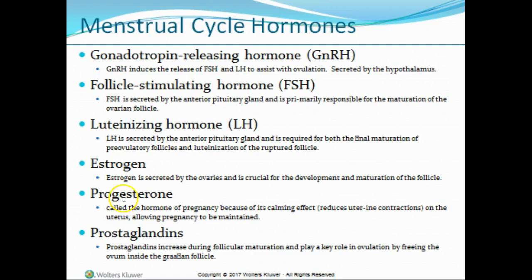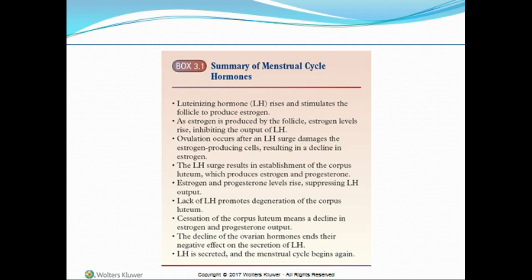Now, when we get into pregnancy, your estrogen and your prostaglandins actually help the uterus to contract, but my progesterone is my hormone that maintains the pregnancy. And this is just box 3.1 on page 77, which goes over the different menstrual cycle hormones.